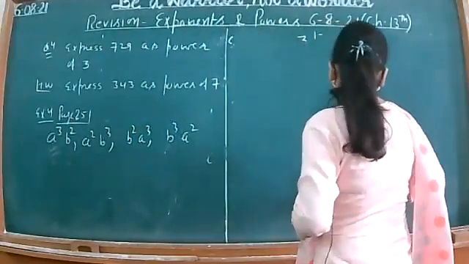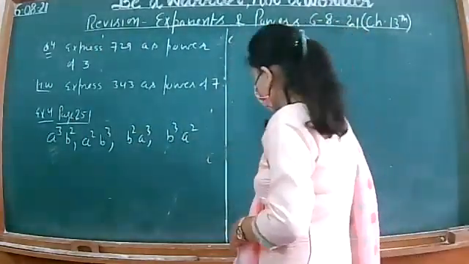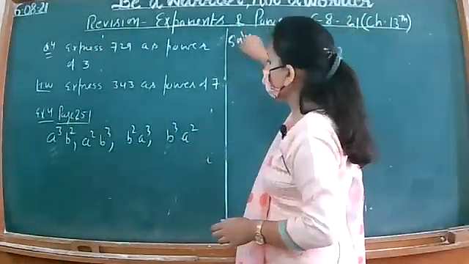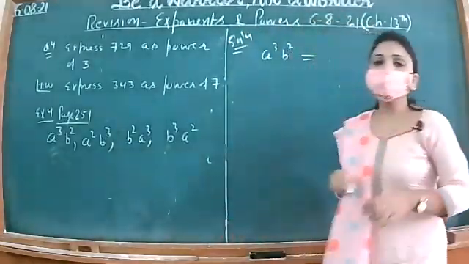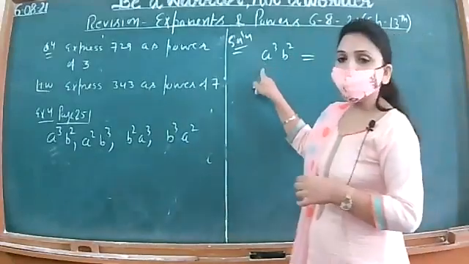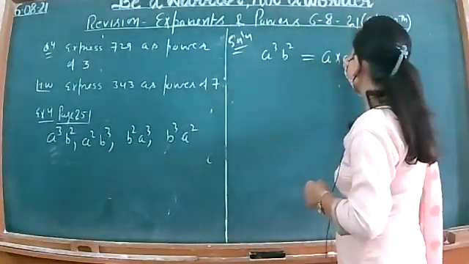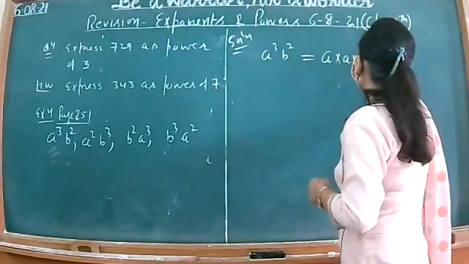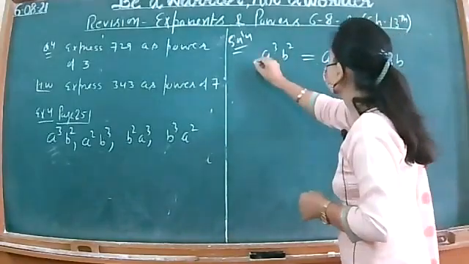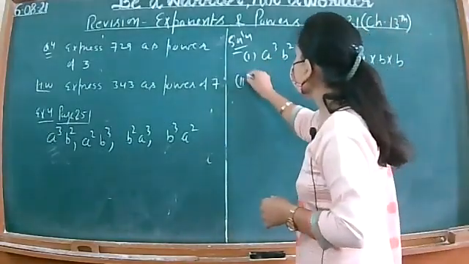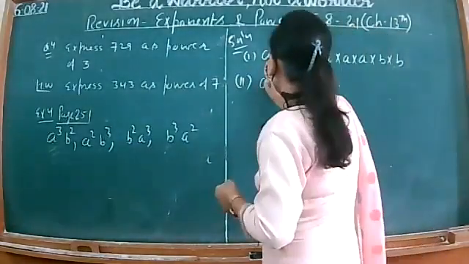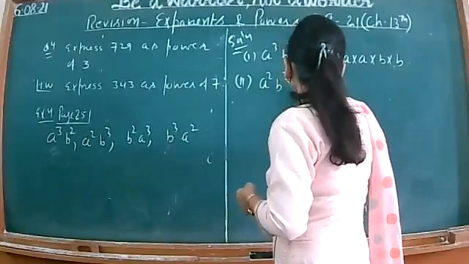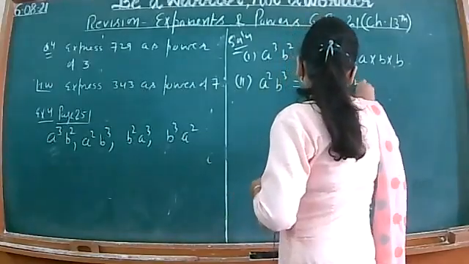Let us do its solution. First is a cube b square. How to expand it? It is cube, that means a will be written 3 times. B square, b will be written 2 times. Second, it is a square b cube, so you will write a 2 times and b 3 times.